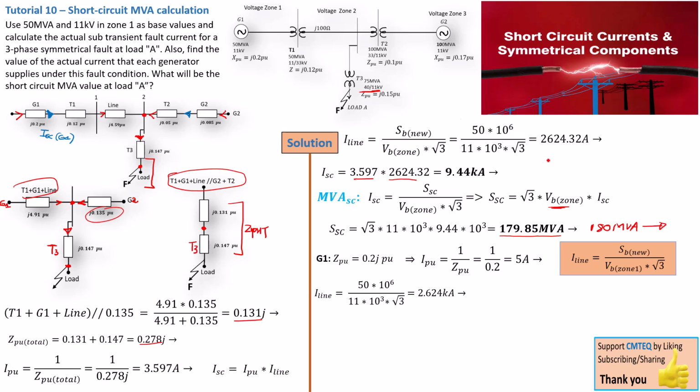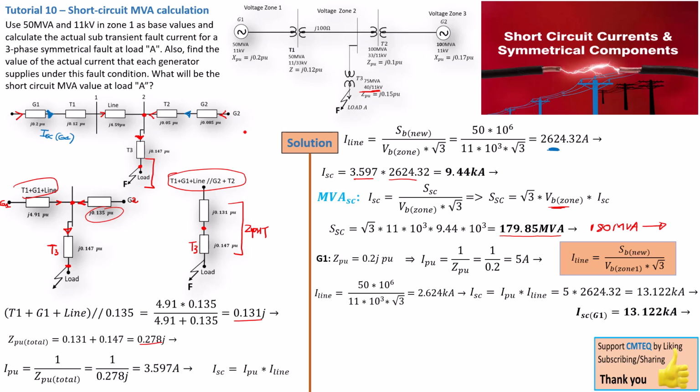So it is basically the same line current, but at a different location since it's the same base voltage. From here we can calculate the short circuit current to be 5 times 2624.32 amps, and it gives us the I short circuit of generator 1 to be 13.122 kA.